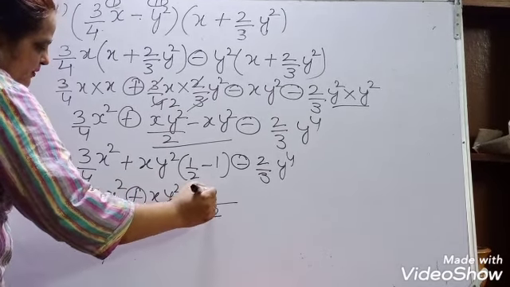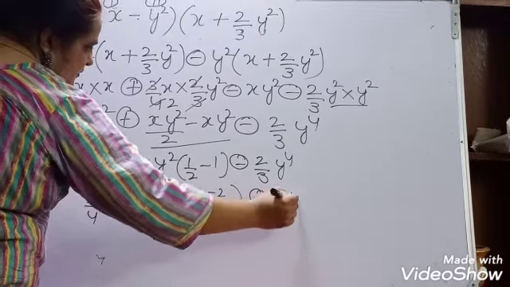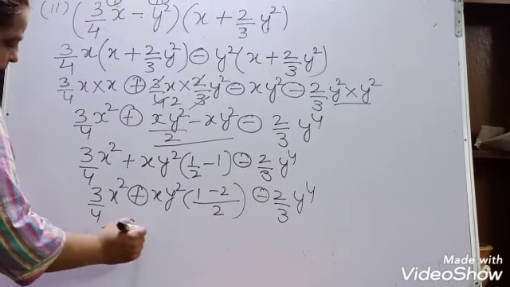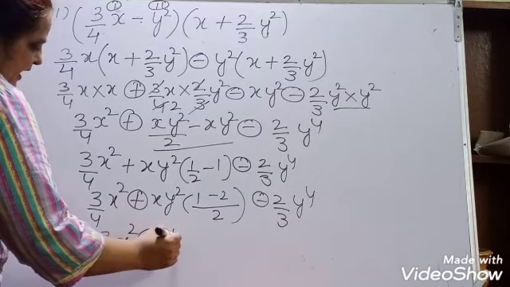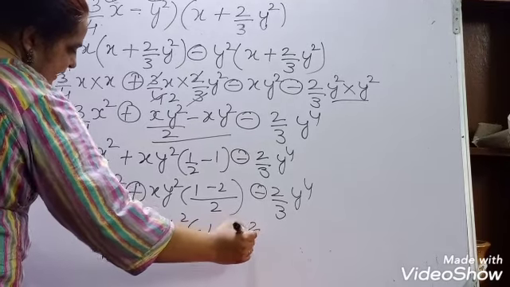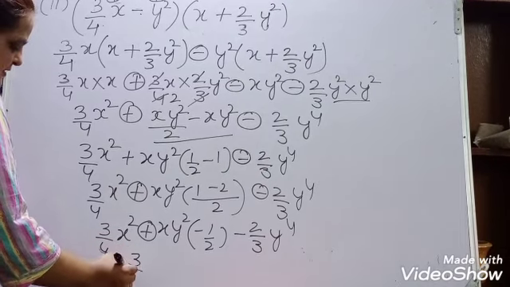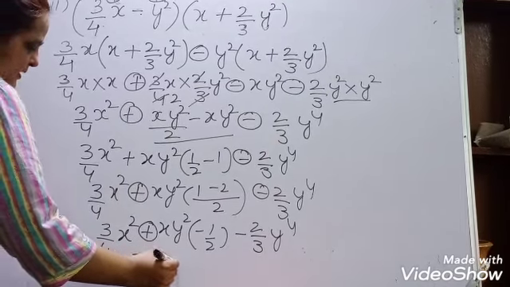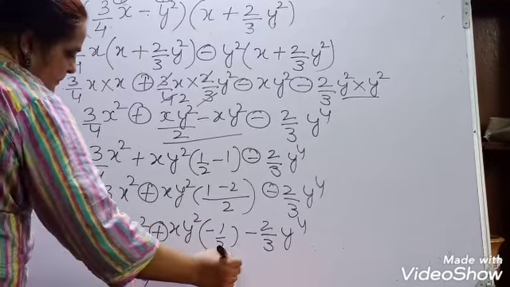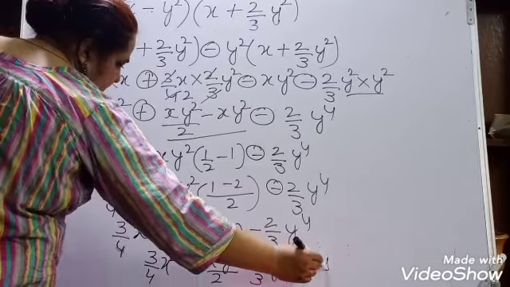Taking 2 as LCM, 1 minus 2, it will become minus 1 over 2 minus 2 over 3 y raised to power 4. And then the final answer will be 3 over 4 x square, minus plus is minus, xy square upon 2 minus 2 over 3 y raised to power 4. So this is the answer.